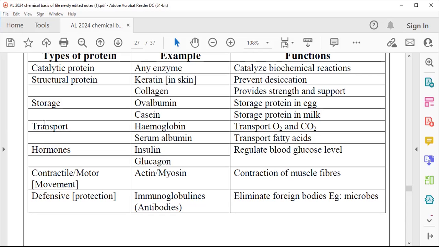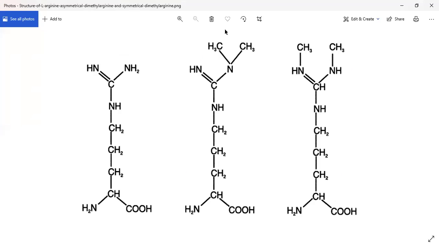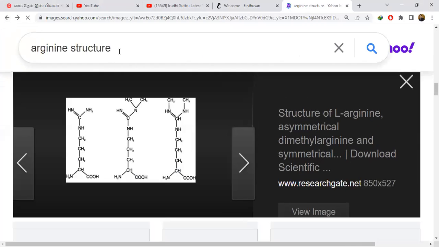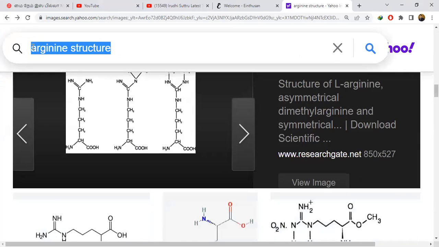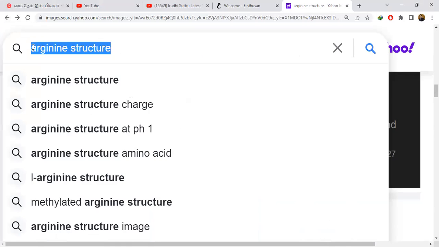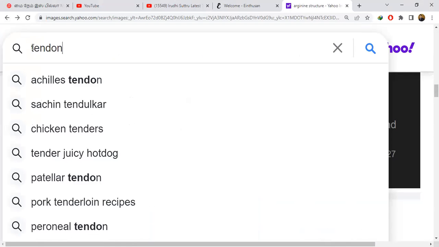Structural protein. Who are the examples given to you as structural protein? Keratin and collagen. Now, keratin is not easy to show you. Okay, I will show you this.